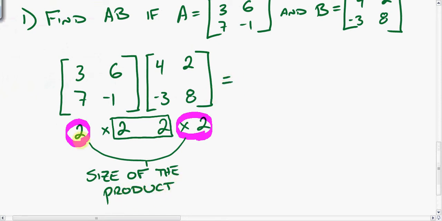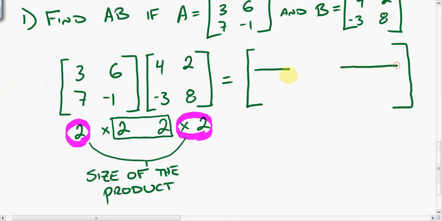So we know our product is going to have 2 rows and 2 columns. I can set that up. So, how do we multiply? I'm going to have a big 2 by 2 here.